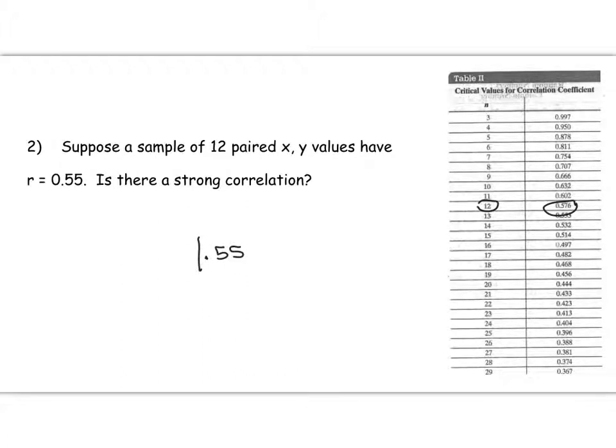And we're going to take the absolute value of that and compare it to 0.576, because that's the value I'm getting from the table. The R value that we calculated is less than 0.576 if we take the absolute value, and so there is not a strong correlation, or no.